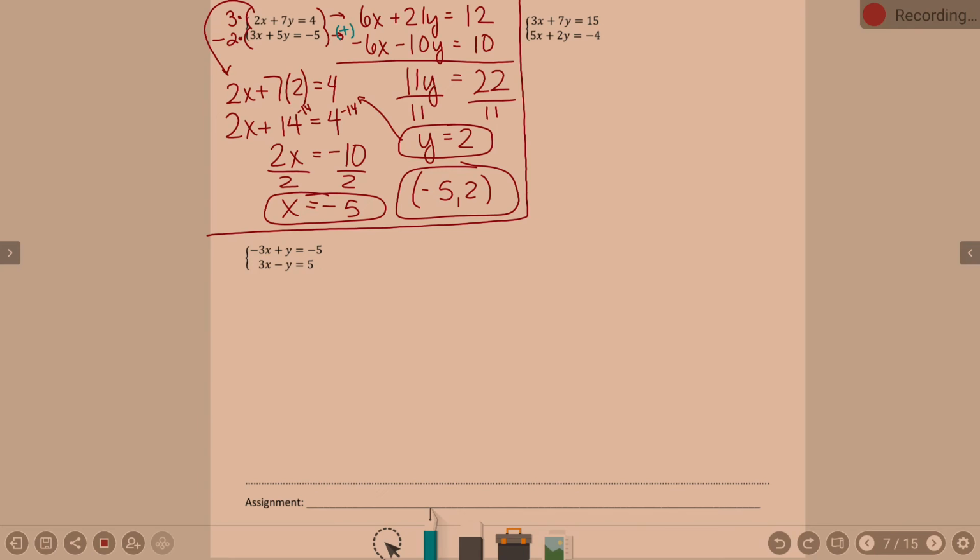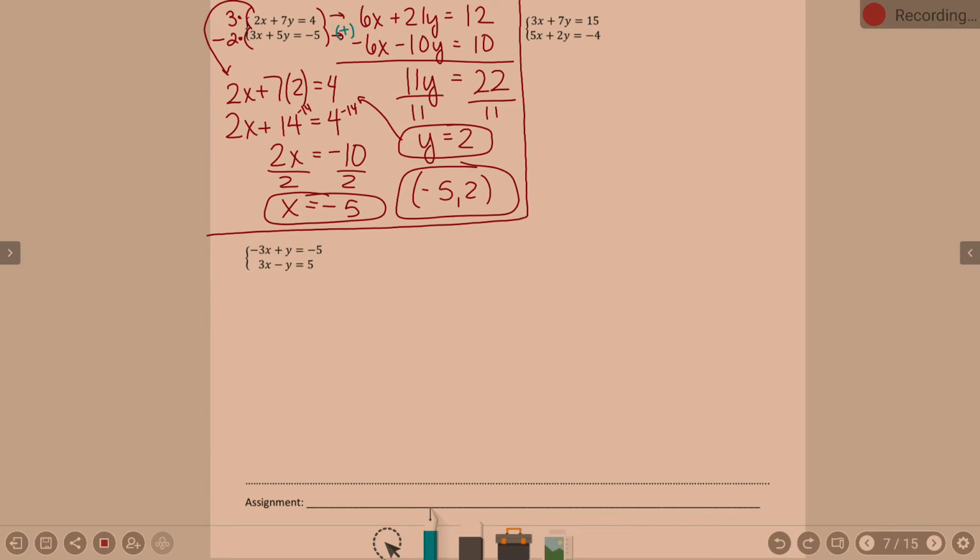Another example. We're almost there. What would you like to eliminate, x's or y's? How would you want to eliminate y's? Multiply the top one by 2, and then multiply the bottom one by 7. Okay. So y's could become 14y's, yes?